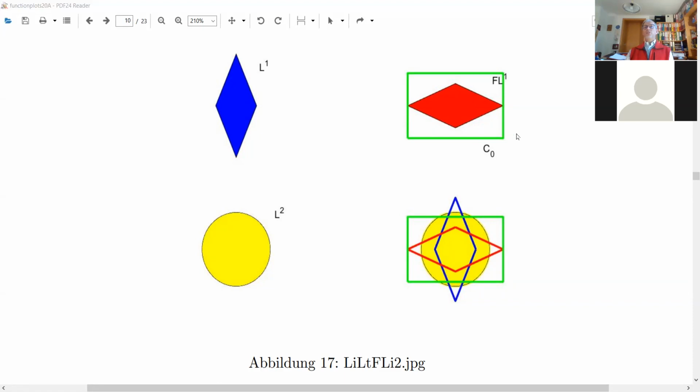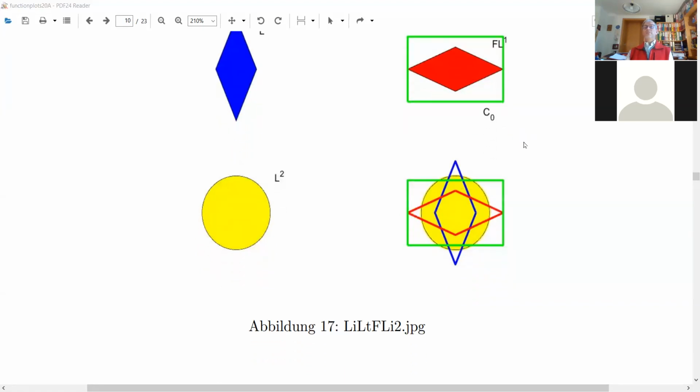And of course, the dimension of the green box was chosen such that if somebody gives me an element which is both in the green box and in the blue area, so an integrable function which is bounded, I claim that the function is square integrable.